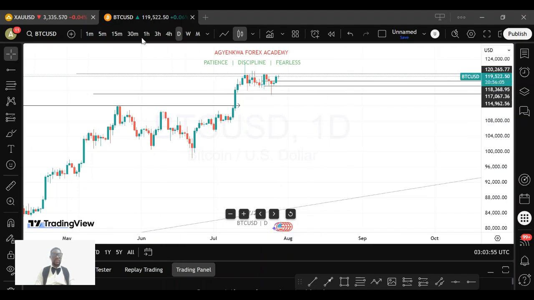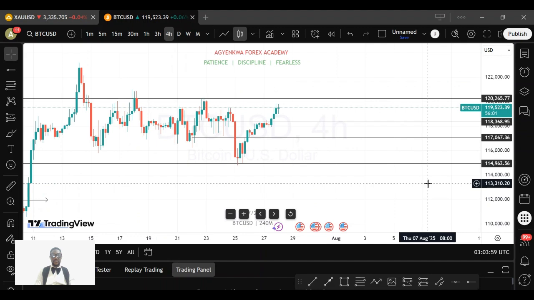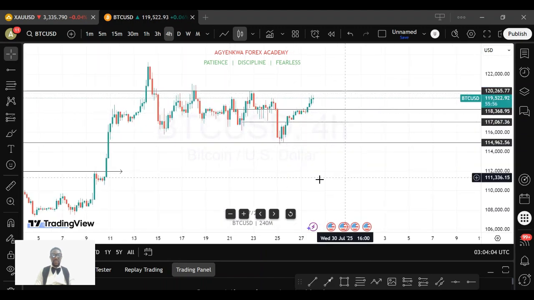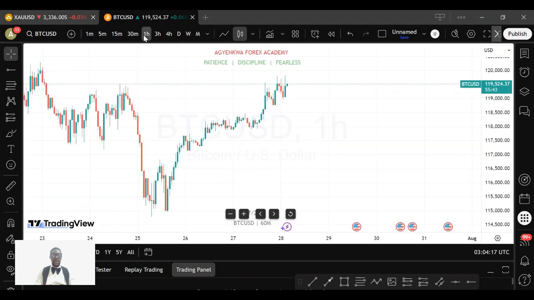Okay, so let's go down to 4 hour. When we come to 4 hour, we see this area here where BTC has been reacting. So there's a high chance for us to find an entry around this area. So BTC is going to continue to the upside.